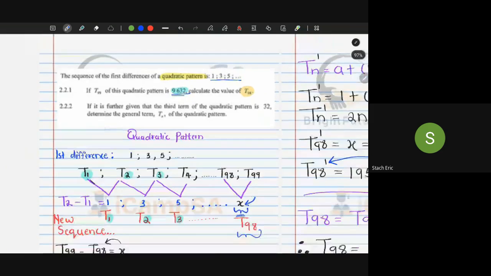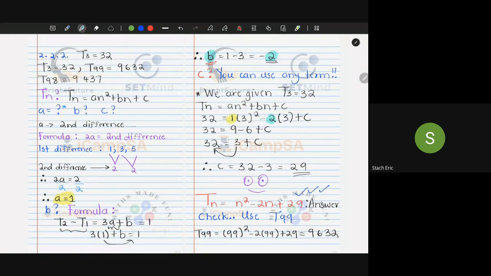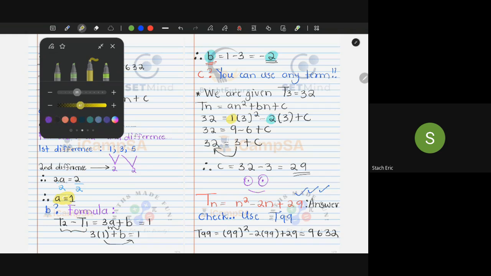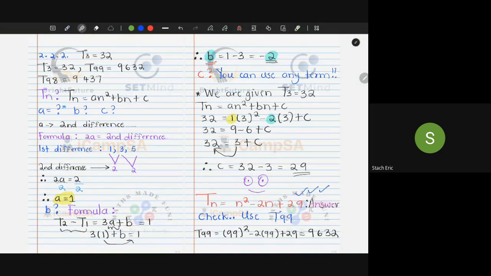We have done all the work to get to the final answer. If there's no question, then we can pause here for today, and I'll be on the lookout for any homework help questions which you send. Any question before we leave?